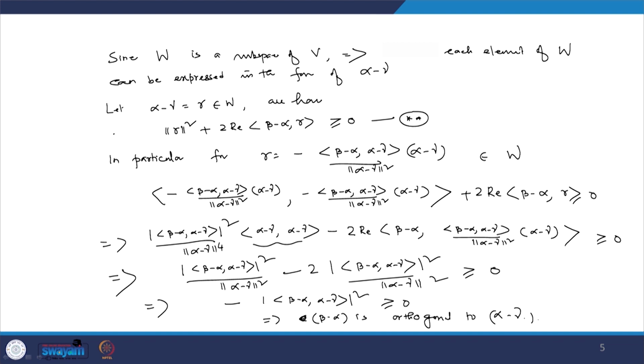So we see that if alpha is the best approximation to beta, then beta minus alpha is orthogonal to alpha minus gamma. In fact, it is orthogonal to every vector in W, because each vector in W we have already explained can be written as alpha minus gamma in this form.